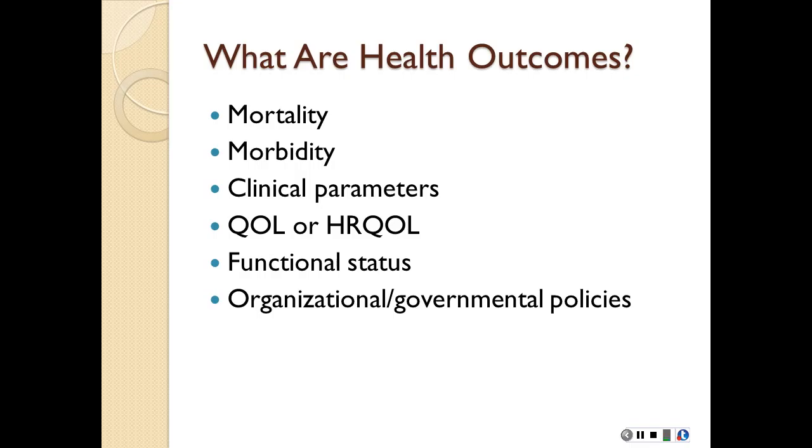Functional status, can you still climb stairs? Quality of life, do you care if you can climb stairs? And then organizational and government policies. All of these things are outcomes. An outcome is just the end point that you're interested in. It's what happens. All right.